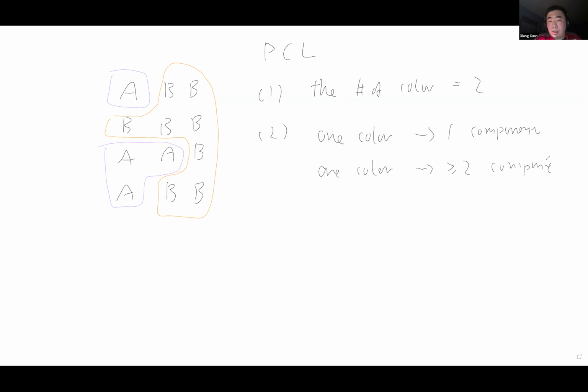Essentially, you have a mapping from each color to the number of components of that color.